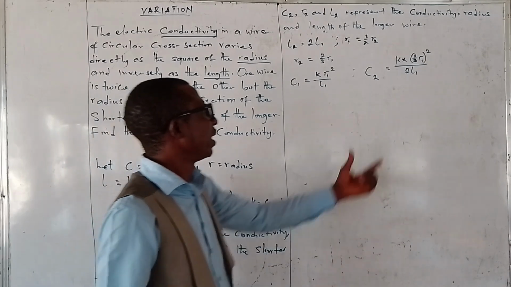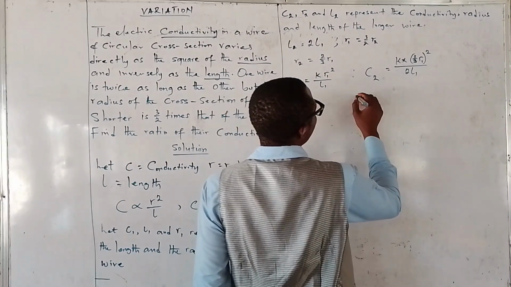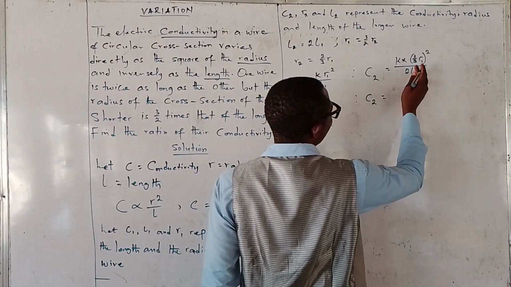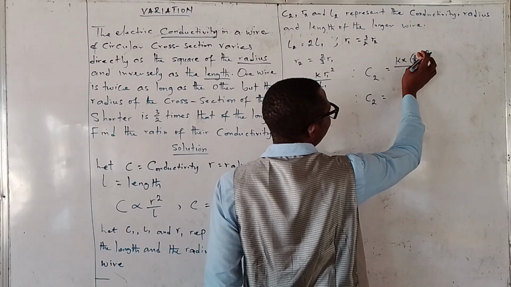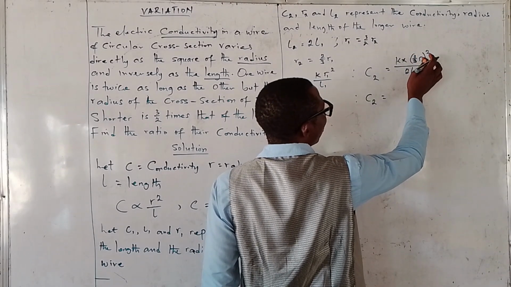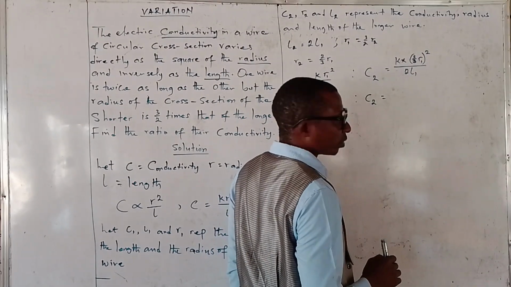Okay, so from here, let's try and tidy this up. C2 will be equal to, when you square 2, you have 4. When you square 3, you have 9. When you square R1, you have R1 squared.